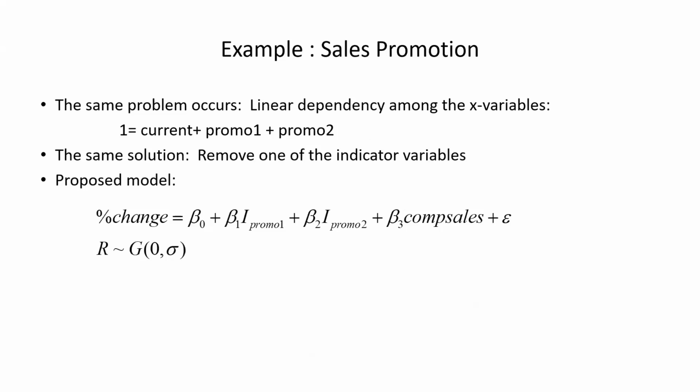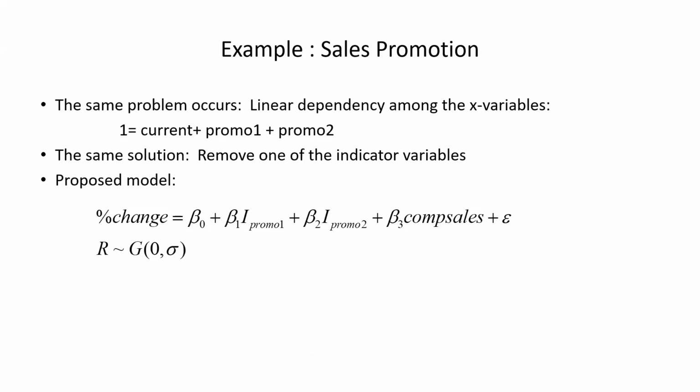Exactly one of them is 1. And the intercept is also 1, and that means there's a linear dependency between the columns. We arrive at the exact same solution. We remove one of the indicator variables to be able to get the inverse.